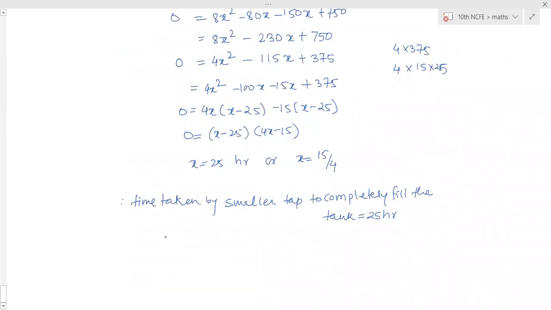And the larger one will take 25 minus 10, that is 15 hours. Is it clear? Is the question clear to everyone? Yes, ma'am.